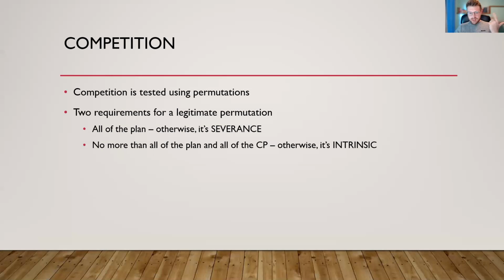In either case, the permutation is making a no link argument. It is saying you do not need to give up the plan to avoid the cost that the neg is presenting, whether that's a direct cost from a disad or an opportunity cost from the counterplan. Does everyone follow that? So the perm is a no link argument to the offensive piece of the counterplan strategy.